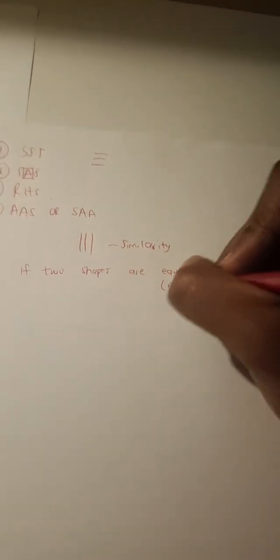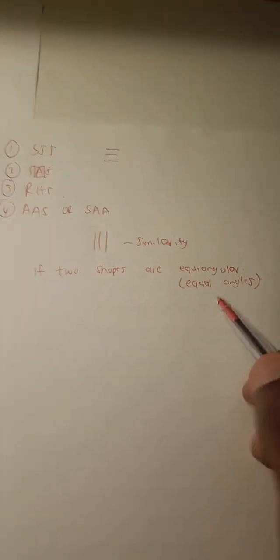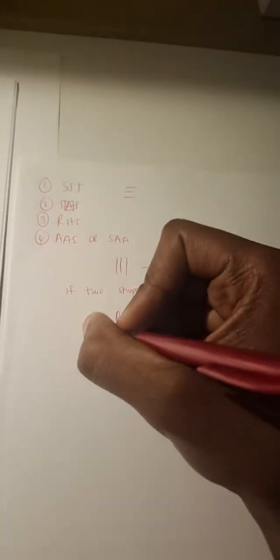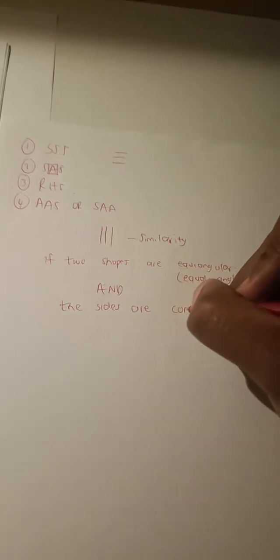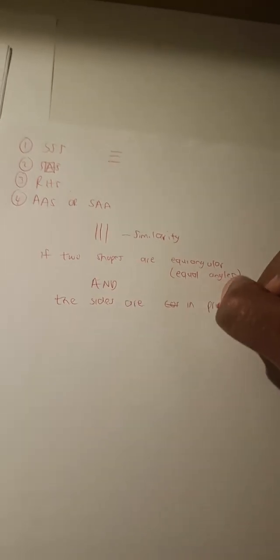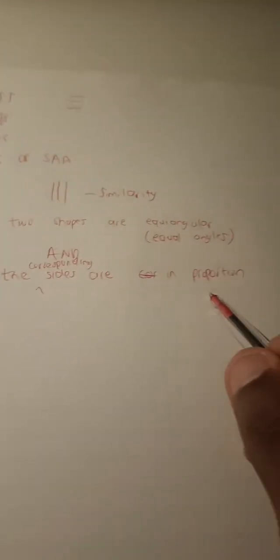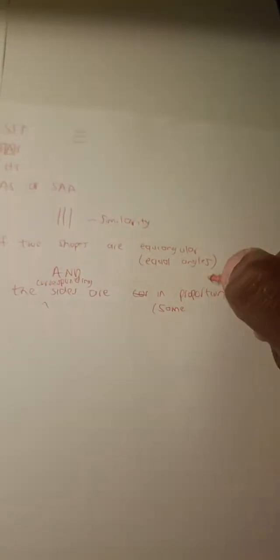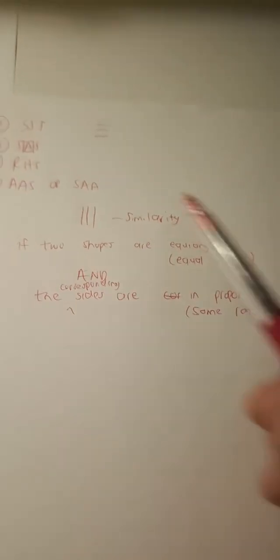In other words, they have equal angles and the corresponding sides are in proportion. In other words, they are in the same ratio. If that is the case, then we say that the two shapes are similar.